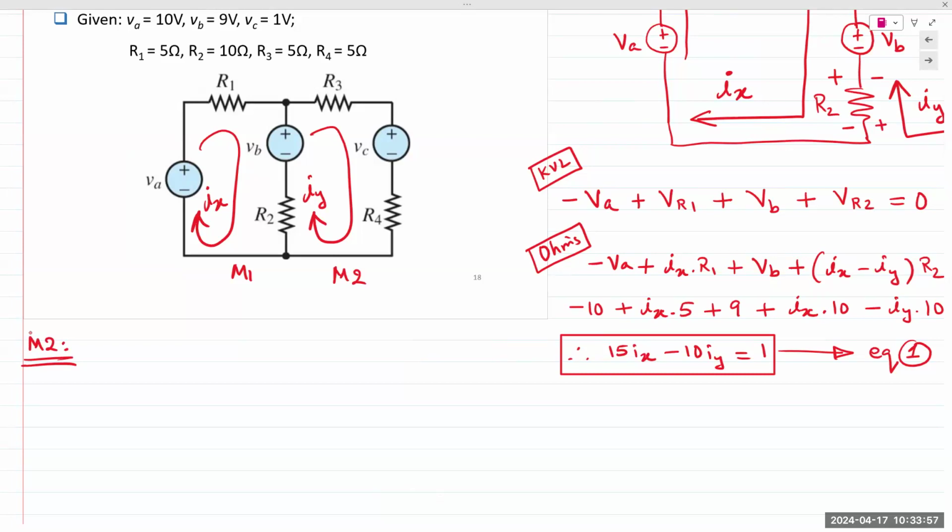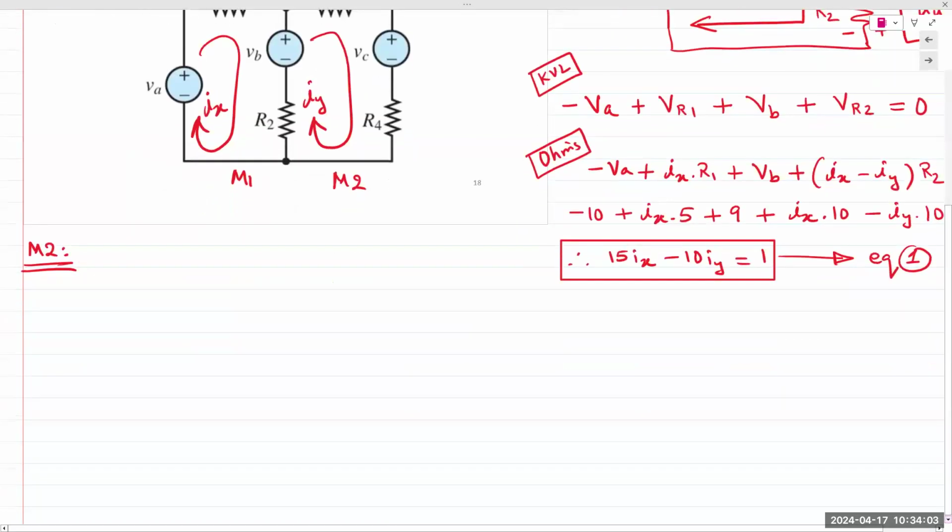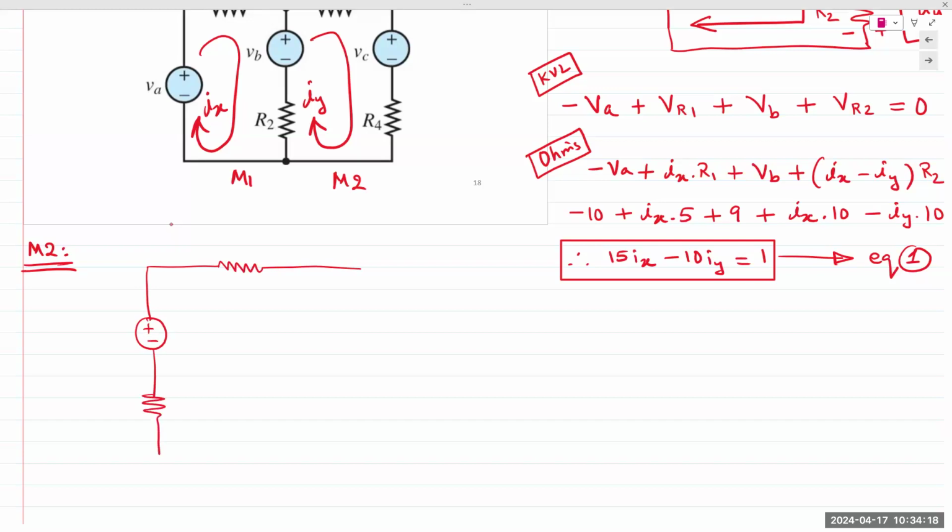All right, mesh 2, what do we have? We have resistors R2, R3, and R4, and we have VB and VC. Okay, so I'm going to draw it out again here. Then we have VB. And then you have VC on this side.